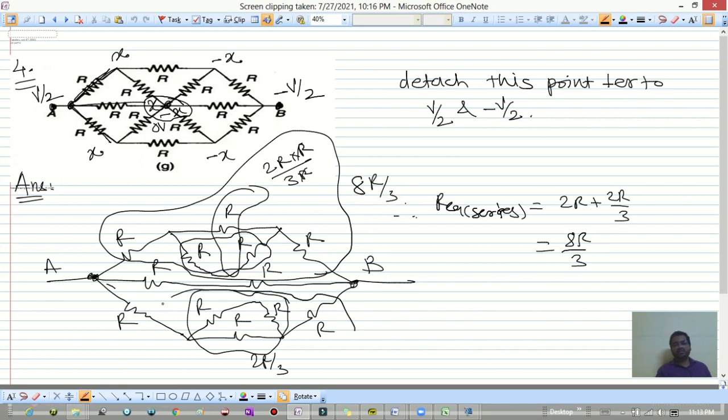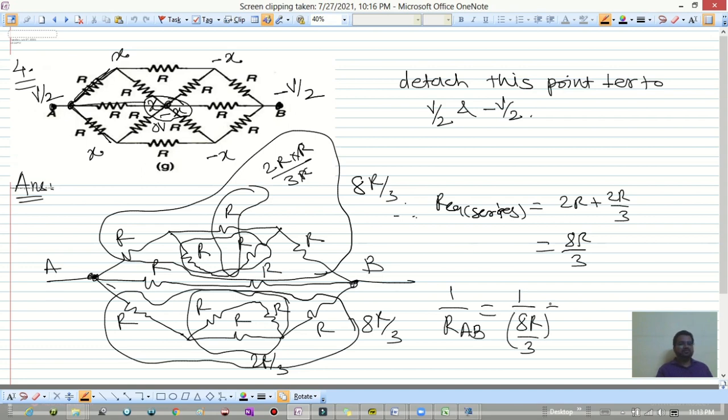As for this lower part, that is 8R divided by 3, and this is 2R. So 1 by RAB, the equivalent resistance across AB, will be 1 by 8R divided by 3, plus 1 by 2R, plus 1 by 8R divided by 3.